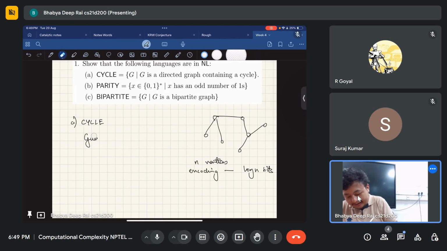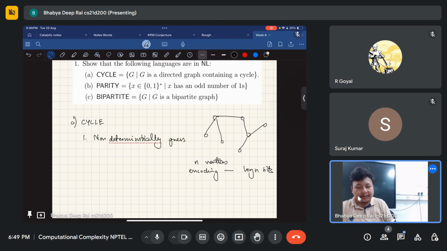You guess, non-deterministically, a number k, which is anywhere from 0 to n minus 1.